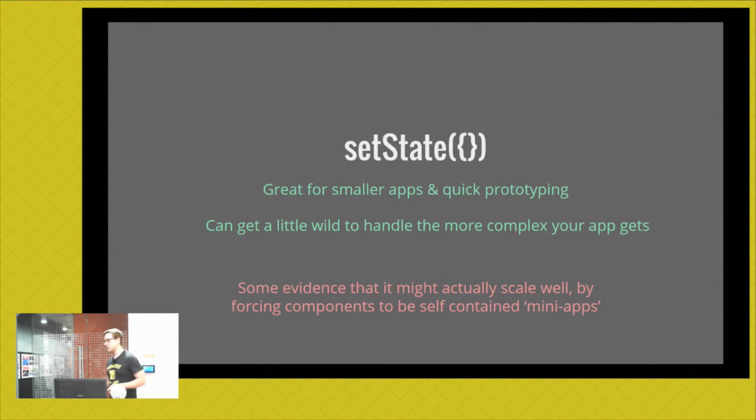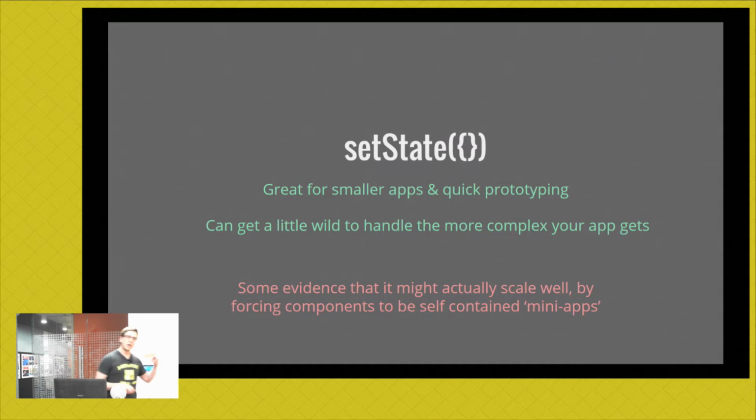And that can get really hairy as far as a mental model of controlling state. setState's great for tiny, small components that interact with each other, direct parents and children. Very nice. But as your app gets complex, you're going to want to do something else.